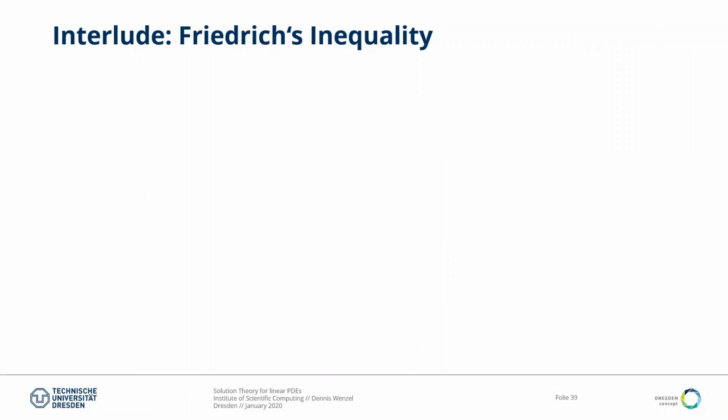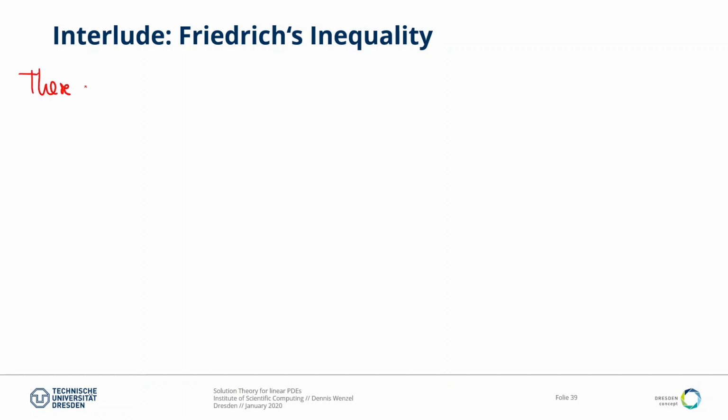So the solution for this is a famous mathematical inequality called Friedrichs inequality. That's a kind of variant of the Poincaré inequality, and let's write down what it tells us.